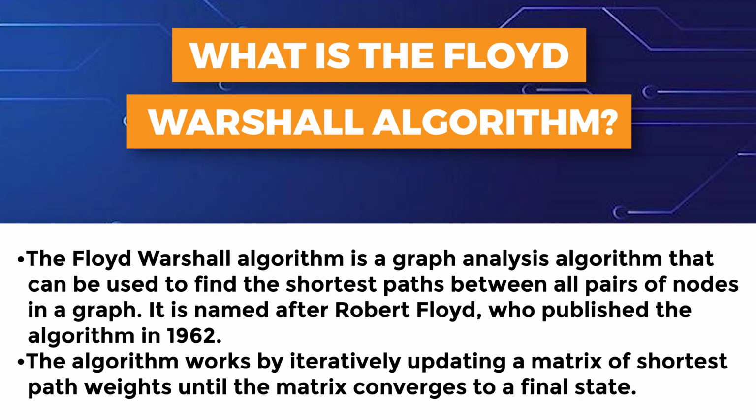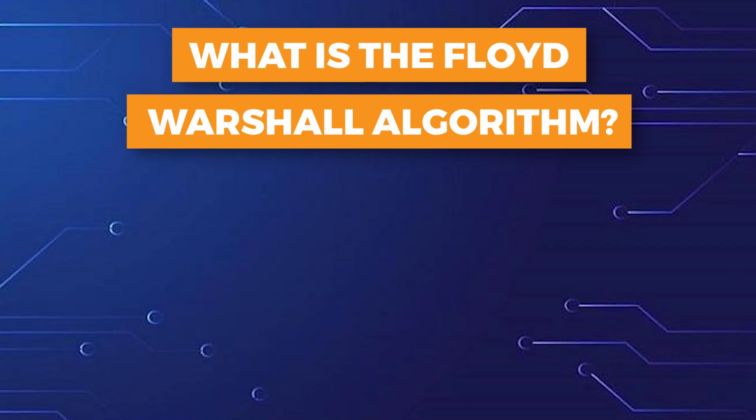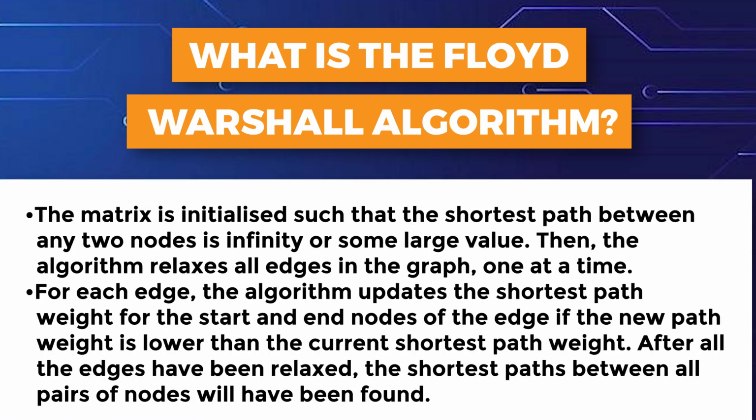The algorithm works by iteratively updating a matrix of shortest path weights until the matrix converges to a final state. The matrix is initialized such that the shortest path between any two nodes, or vertices, or stations, is infinity or some large value.